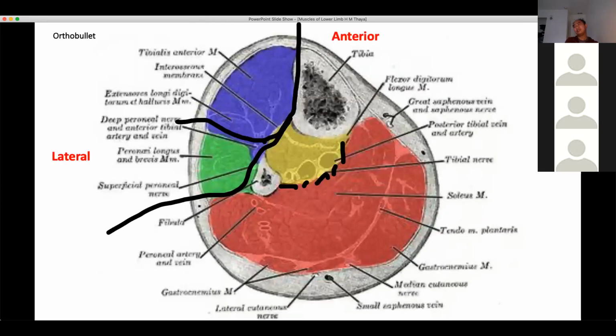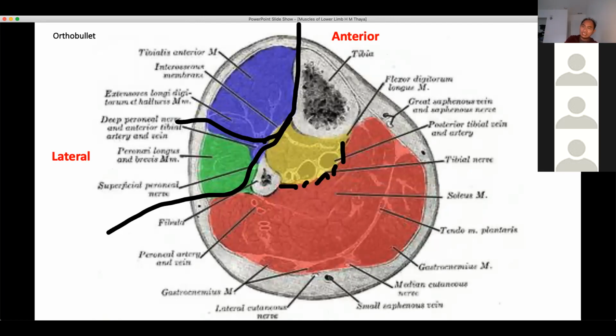Okay, this is the cross section. This is the lateral aspect here. This is the medial aspect here. This is the anterior, and this is the posterior. So you are making a cross section and you are looking from the bottom upwards.